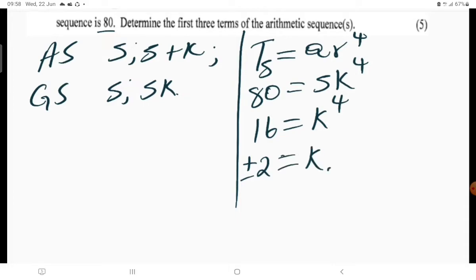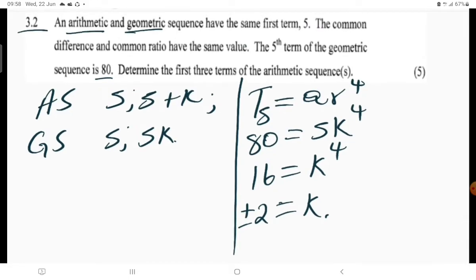So once we have that, let's go to our last statement: determine the first three terms of the arithmetic sequence or sequences. You can respect that 's,' because that 's' means a lot. It doesn't mean that we are having two arithmetic sequences.